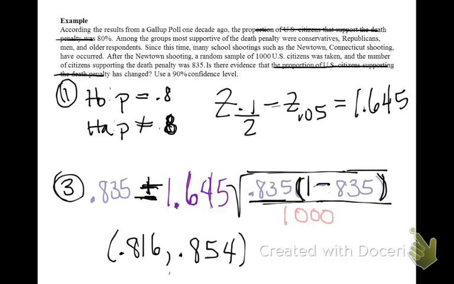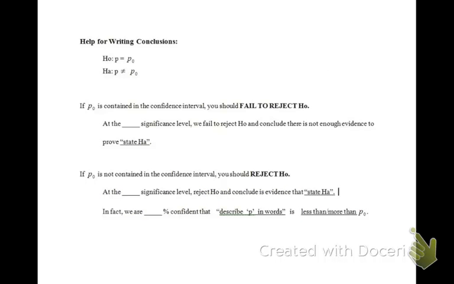Now that we have the confidence interval, we're ready for the final step of our hypothesis test, and that's to write the conclusion. So here's how you decide how to write a conclusion. If P0 is in the confidence interval, then it's likely that P could equal P0, so you should fail to reject the null hypothesis. A conclusion you could write is: at the alpha significance level, we fail to reject H0 and conclude there is not enough evidence to, and then state HA.